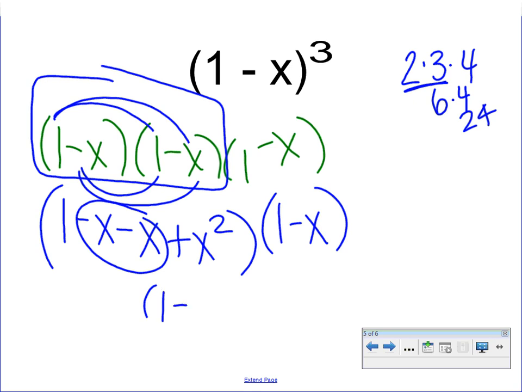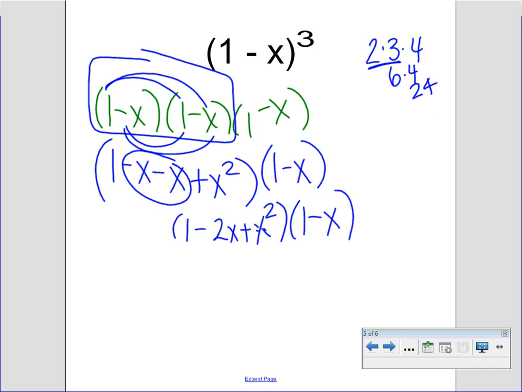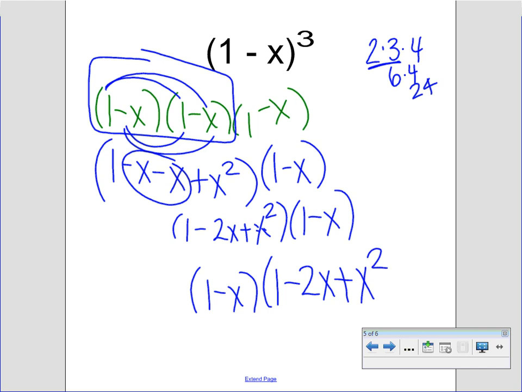Okay, so I have 1 minus 2x plus x squared times 1 minus x. Now this is a trinomial times a binomial. We can rewrite this if we want so that the binomial comes first. That might look a little bit more familiar to you. Either way, it doesn't matter because remember 4 times 6 is the same thing as 6 times 4.